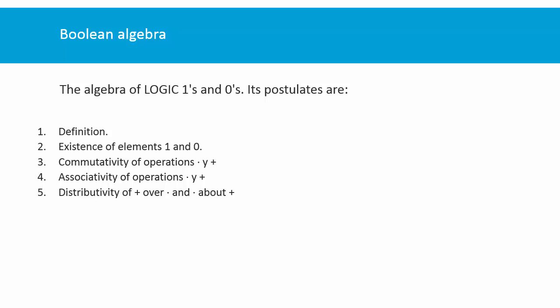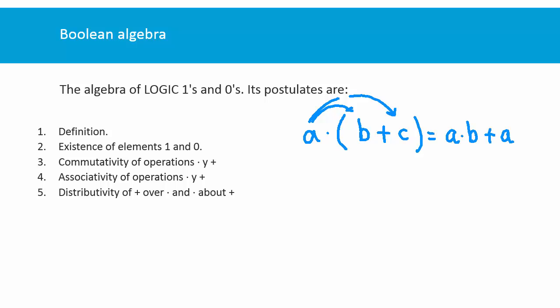If you have A dot, and then you open parentheses and then you have B plus C, this is very easy for you to understand because you say, okay, I'm going to make the AND operation of this variable with this variable, and I'm going to distribute this variable also to the C. So this can be A dot B, I'm distributing the variable A, or A dot C. This is easy for you to understand because you have already worked with these types of expressions.